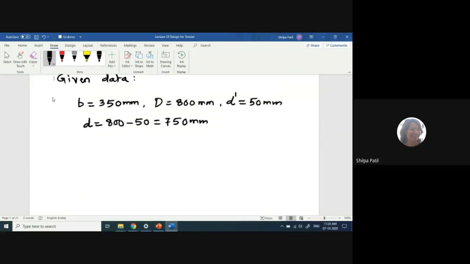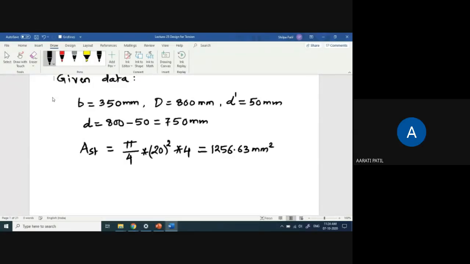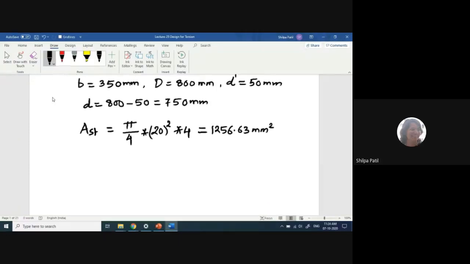Then the details of reinforcement is also given. So I will directly calculate now Ast. It is clearly mentioned that there are 4 number of bars of 20 mm diameter. So pi d square by 4 into number of bars. The value is 1256.63 mm square.